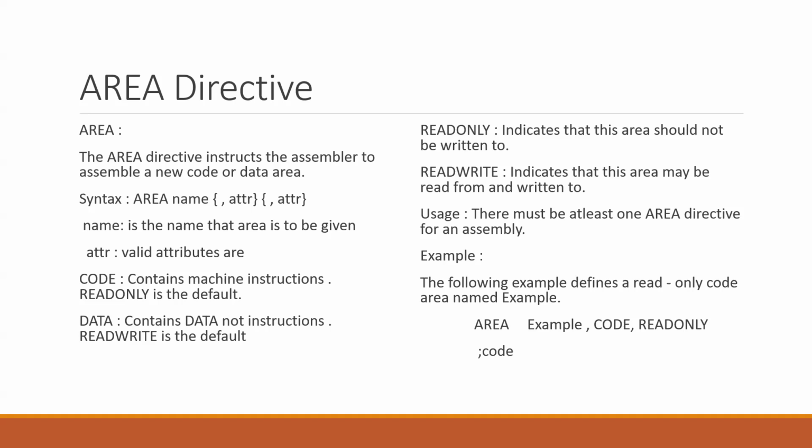By default, it is read-write. The usage of the AREA directive is shown for an assembly language. An example is AREA, which is a directive, followed by the area name, for example, then CODE, that is code memory, which is read-only.